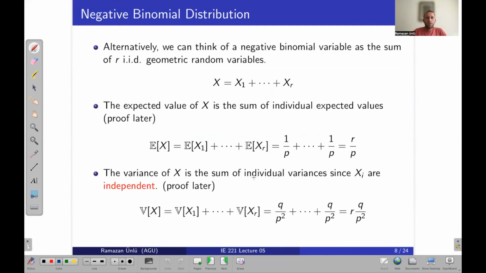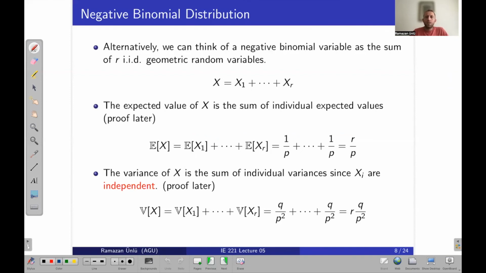Okay, now let me give you some quick information about the negative binomial distribution and some relationships. We can think of a negative binomial variable as the sum of r IID, independent, identically distributed, geometric random variables.